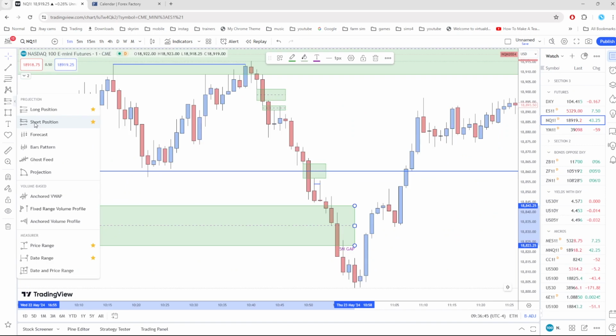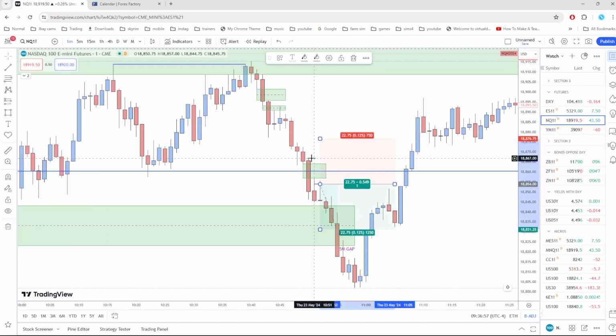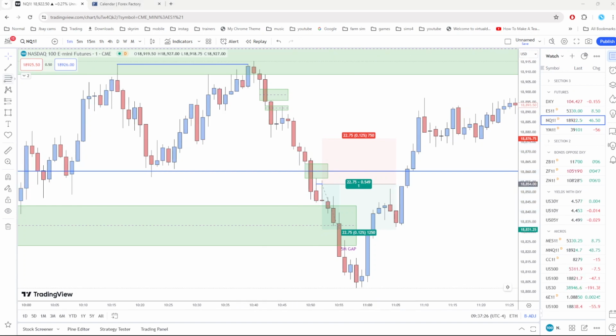All right. 5-minute gap. Let's say that you took this entry. As soon as it trades that consequent encroachment, you're in. Now, that would be a breakaway gap.